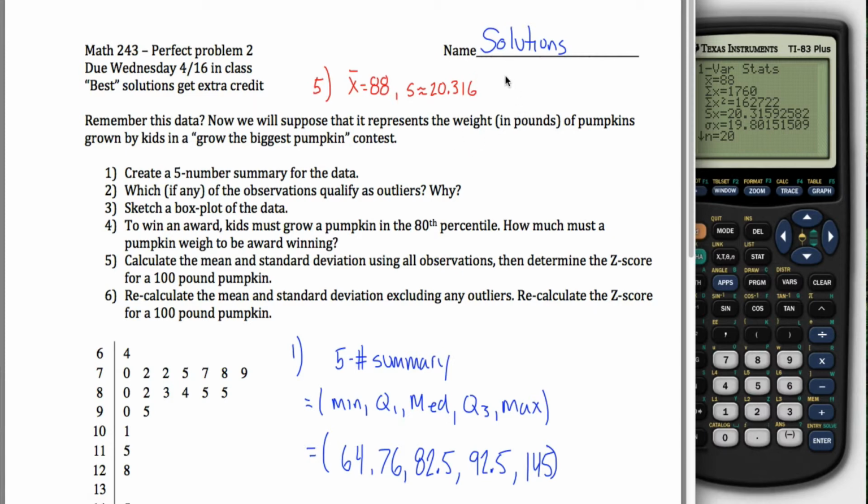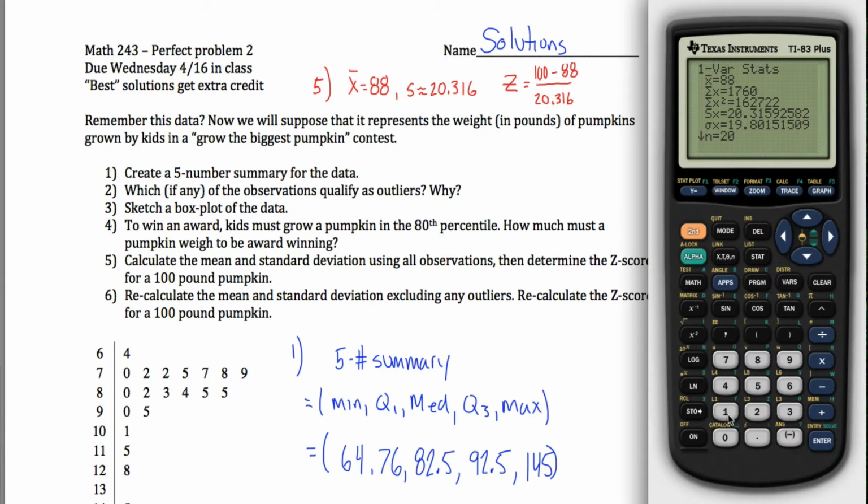So if I want to calculate my z-score, the formula for it is a fraction. The top I do my observation, so the 100-pound pumpkin, minus my mean, 88, divided by my standard deviation.